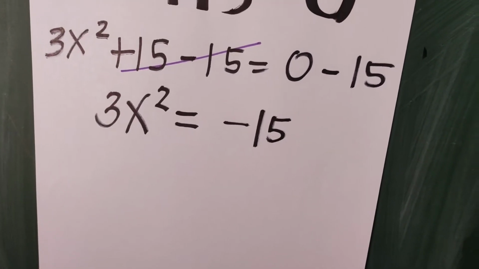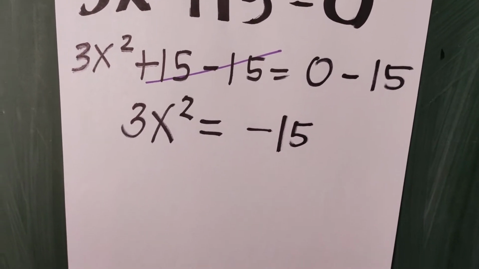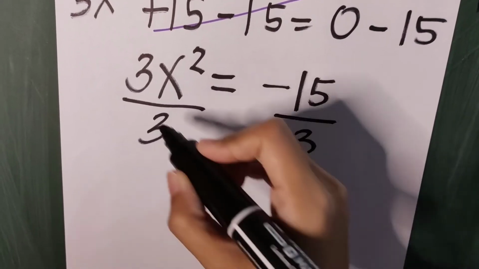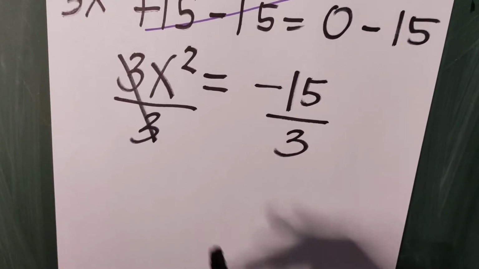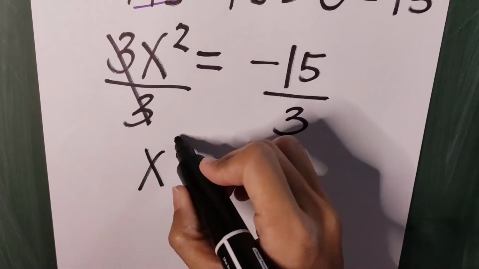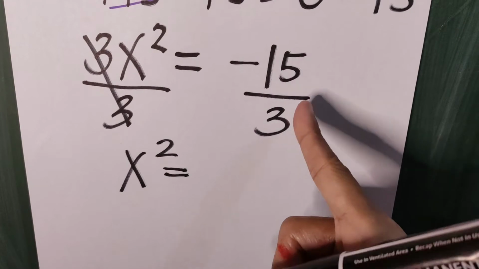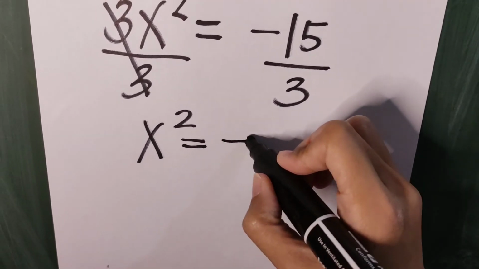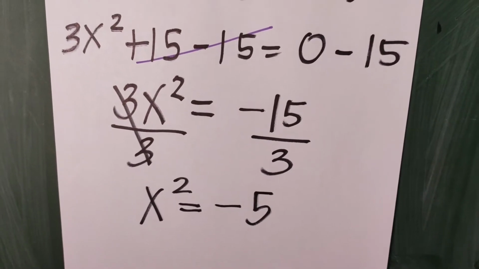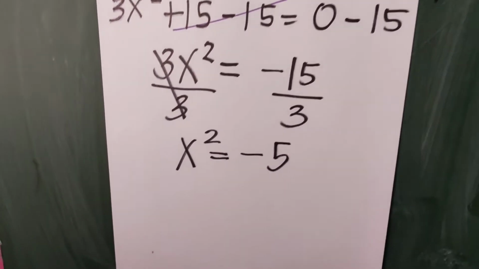Now, since their common factor is 3, we can divide both sides by 3. Cancel 3 because 3 divided by 3 is 1. It gives us x squared is equal to negative 15 divided by positive 3 is negative 5. We can now extract the square root of both sides of the equation and then simplify.